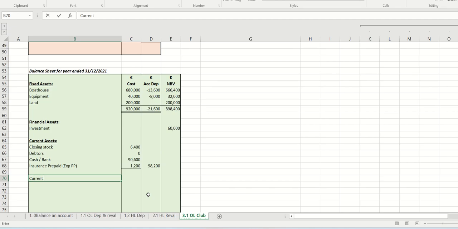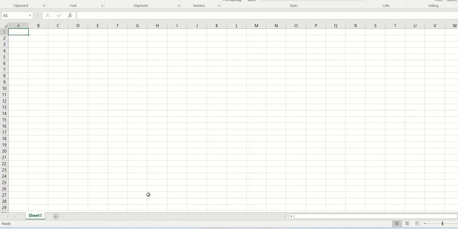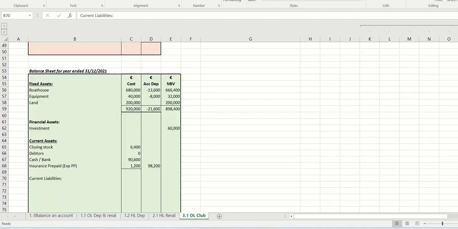Next section, current liabilities. This is often known as creditors due. Creditors due in more than 1 year. We'll call it current liabilities here for the moment. Bank overdraft, we didn't have any. Creditors, we had our bar creditors. So again, I know my list so well.